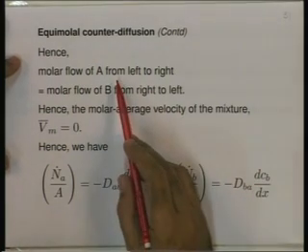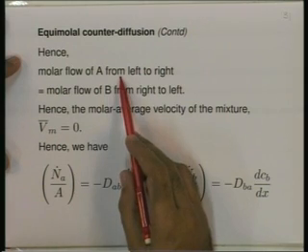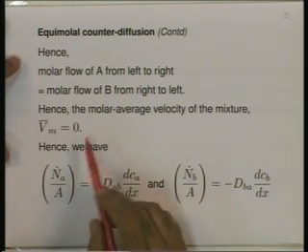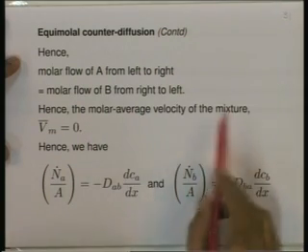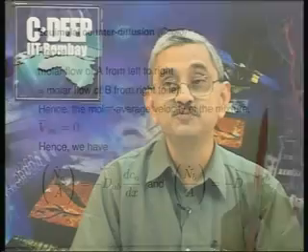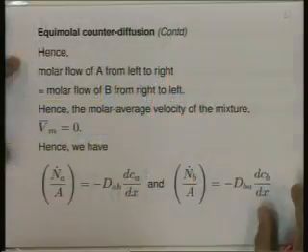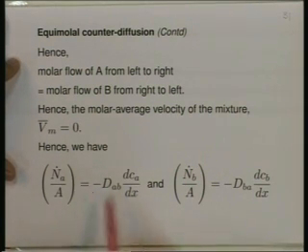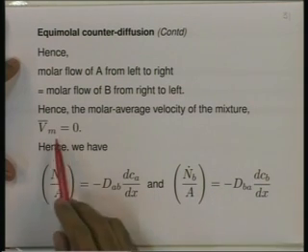And because the number of moles moving from left to right and the number of moles moving from right to left are the same, the molar average velocity of the mixture will be 0. Hence, in our expressions for the molar flux of A and molar flux of B, we will not have the term containing Vm bar, because Vm bar is 0.